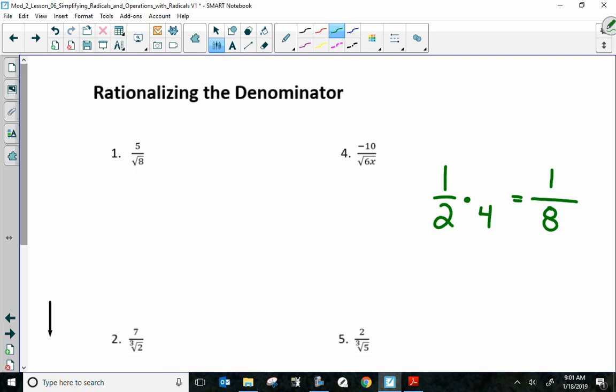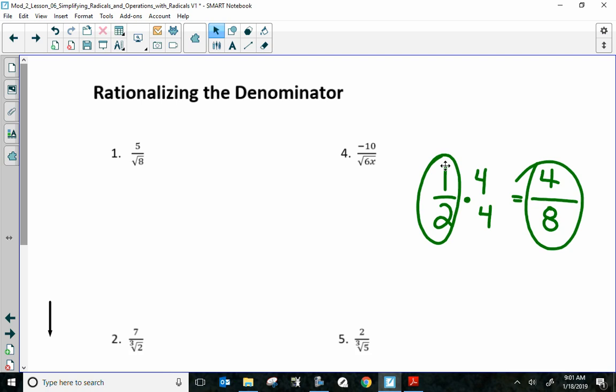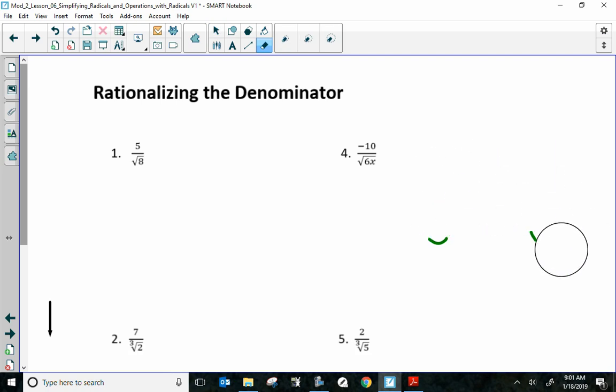The only way it would keep its value is if I multiply the top by the same thing I multiply the bottom by. Now, these are both 0.5 or a half. Okay? They both represent a half. So what I do to the bottom of a fraction, I have to do to the top. Okay? And vice versa. If I do something to the top, I got to do it to the bottom when it comes to multiplication, if I want the fraction to maintain its value.